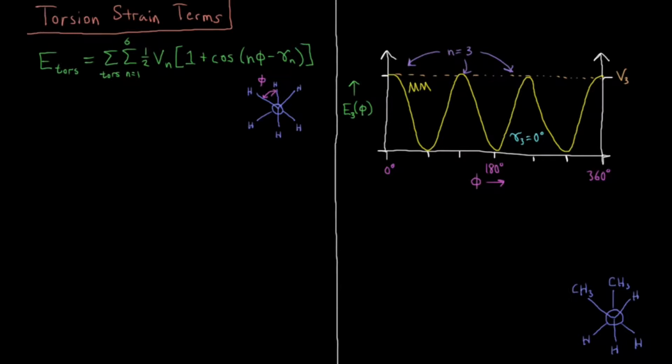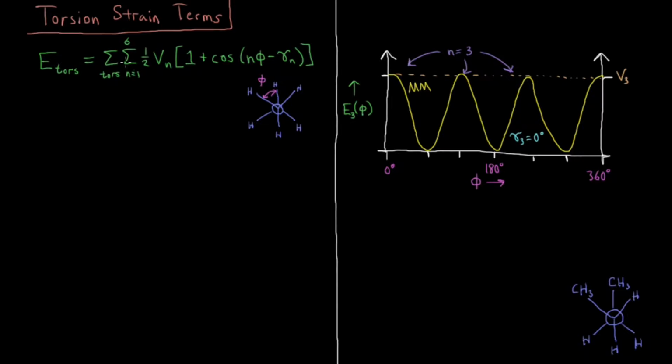Our next molecular mechanics energy term is for torsions or torsion strain, also called dihedral angles. So the energy of a torsion or a dihedral angle will be the sum over all of the torsions in the molecule times a sum from n equals 1 to 6 in principle.